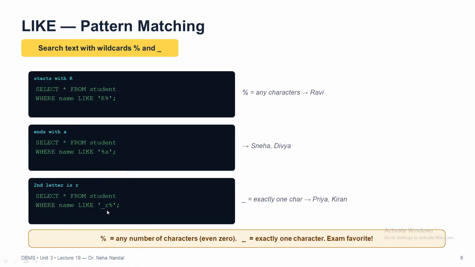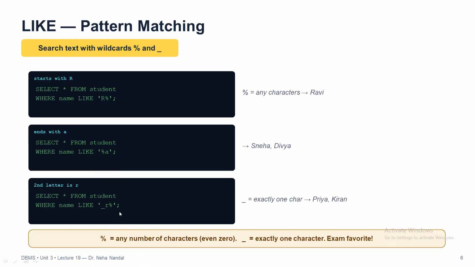Where name is LIKE '_r', that means exactly one character before r. Exactly one character. So let's see how it will work.